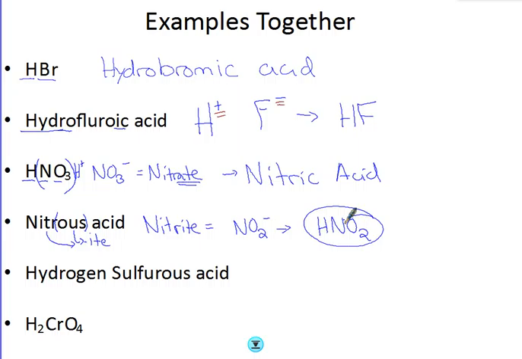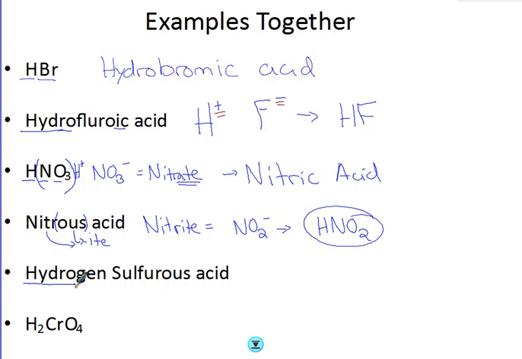These next two get a little tough. See how I've got hydrogen sulfurous acid? Don't be tricked. This is not the same hydro. Okay? This is hydrogen sulfurous acid, which, if you look at that long name, that's a polyatomic. And when I look at my polyatomic list about halfway down, I see hydrogen sulfite.